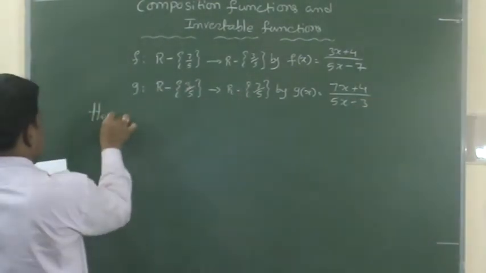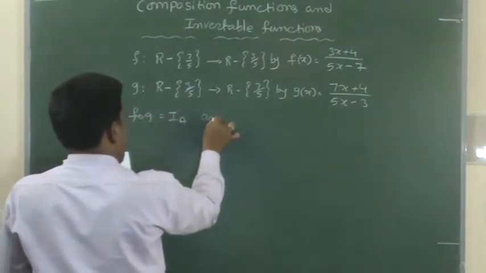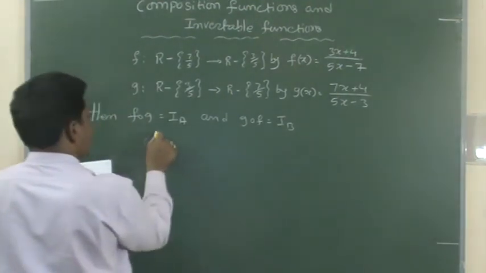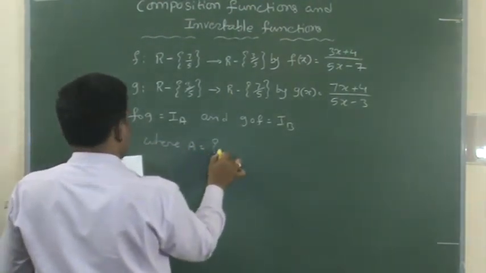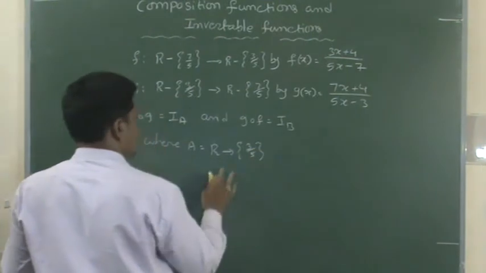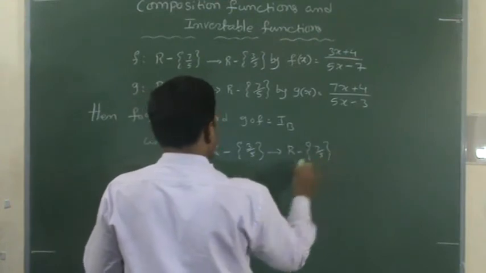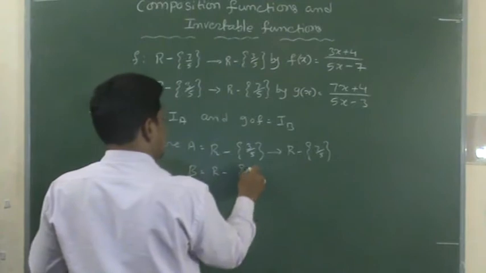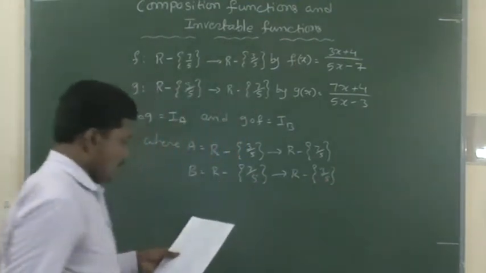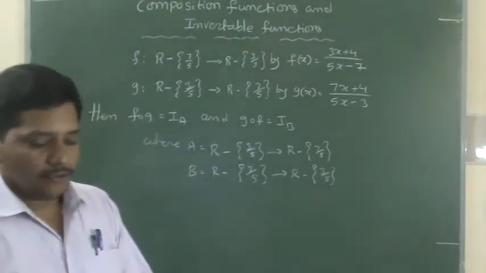Then f circle g is nothing but IA, and g circle f is nothing but IB, where A is r minus 3 by 5 to r minus 7 by 5, and B is r minus 7 by 5 to r minus 3 by 5, where IA and IB are the identity mappings from A to A and B to B respectively.